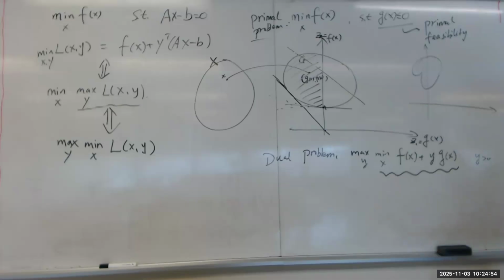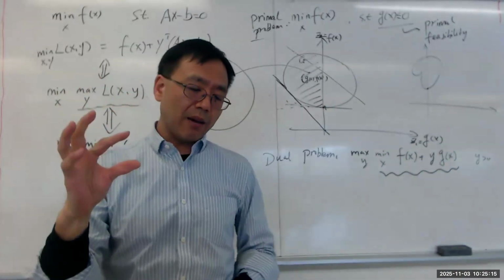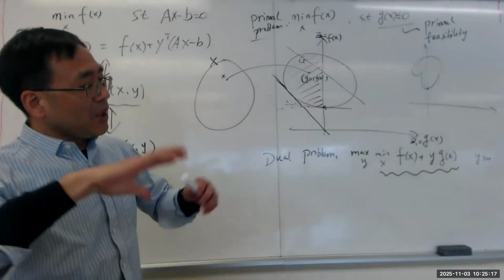You can show that this point right here is always going to be the minimum point for the primary problem, but for the dual problem it's not necessarily the same one. There could be a gap. That gap is called the duality gap. But we're not going to go there.